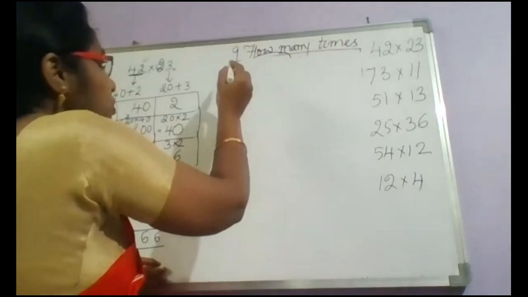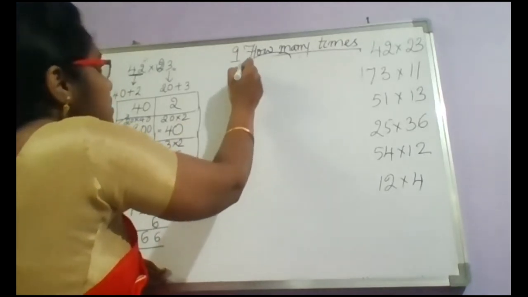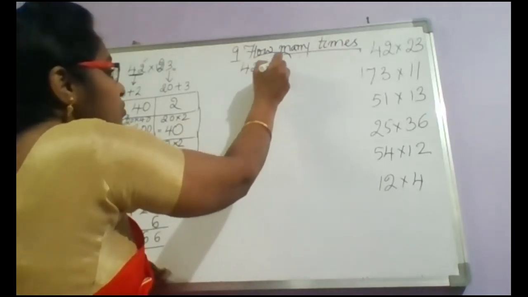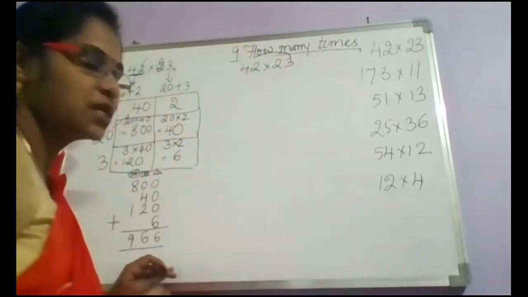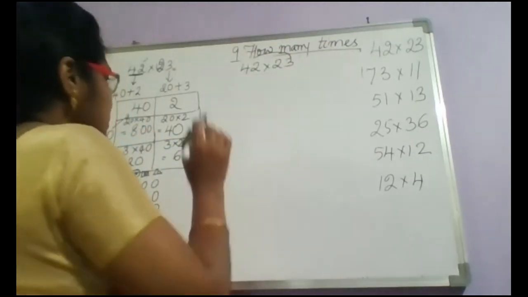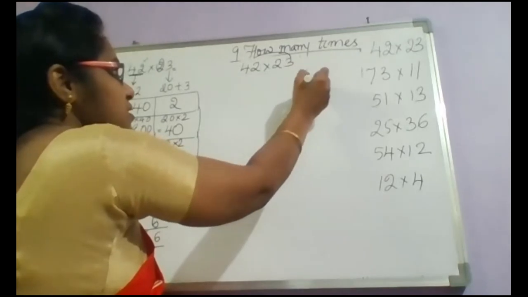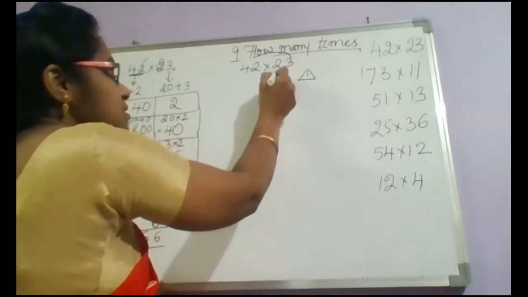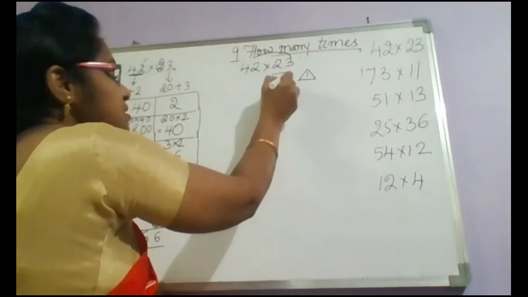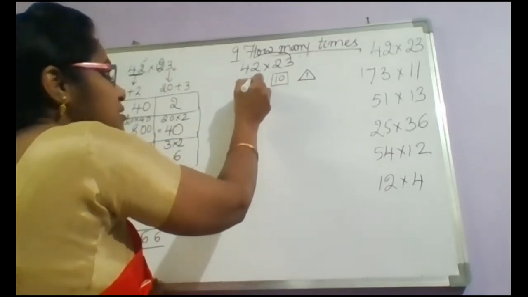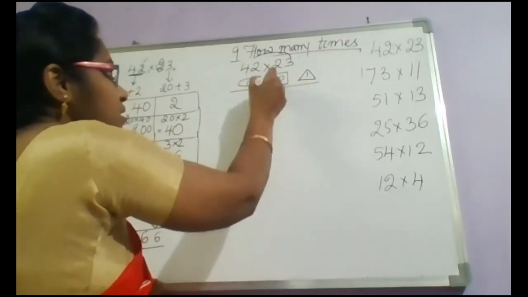Now I am doing the column method. What is the product of 42 into 23? These are the given numbers. Now we are doing the column method. For that, as I told you, this is a must: ones, tens, and hundreds. So be careful while writing the numbers.